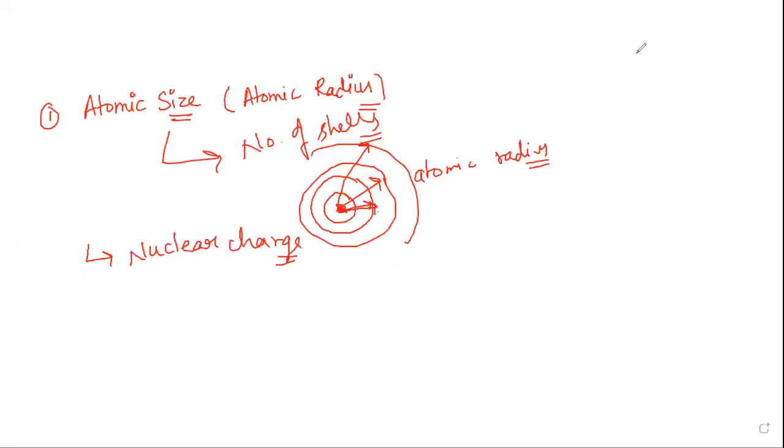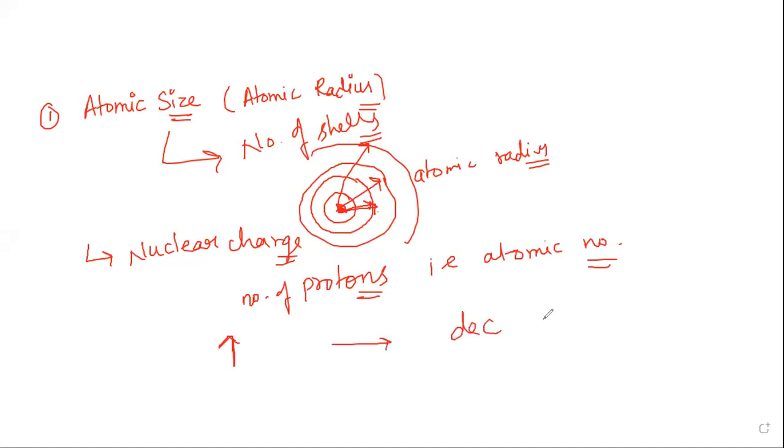The nuclear charge means the positive charge present in the nucleus of an atom, which is equal to the number of protons in the nucleus, which is equal to the atomic number. We will see that when the nuclear charge increases, there is a decrease in the size of an atom.